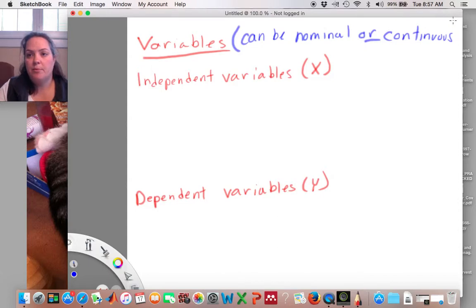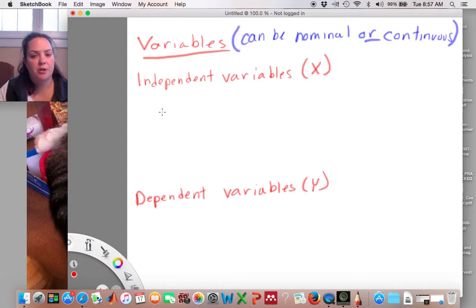Okay, so we don't limit it to one or the other. We could have independent variables that are nominal, and we can have independent variables that are continuous, and same thing with dependent.